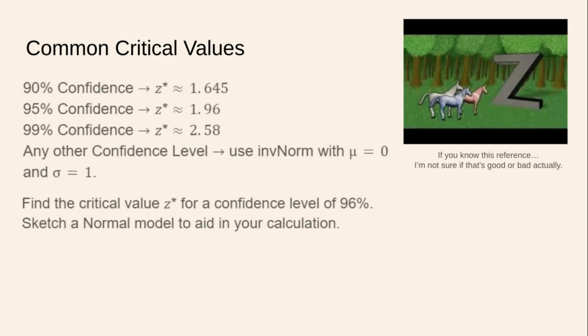To do this, we're going to sketch a normal model to aid in the calculation. Here's a normal model I could use. 96% of the area is shaded. That gives us 96% confidence. The question is, what cutoffs over here in the blue would give us 96% confidence?